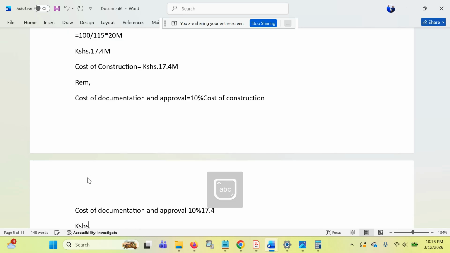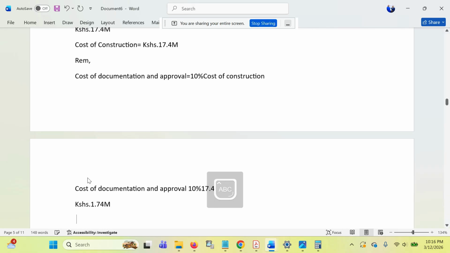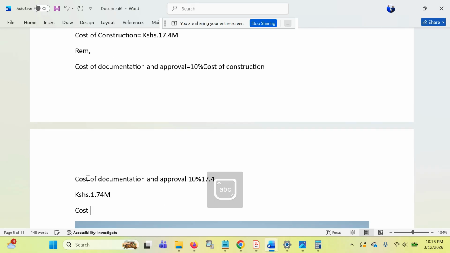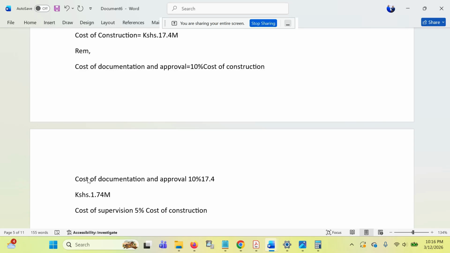Cost of documentation and approval is therefore 10% of 17.4. So that is what? That is 1.74 million.